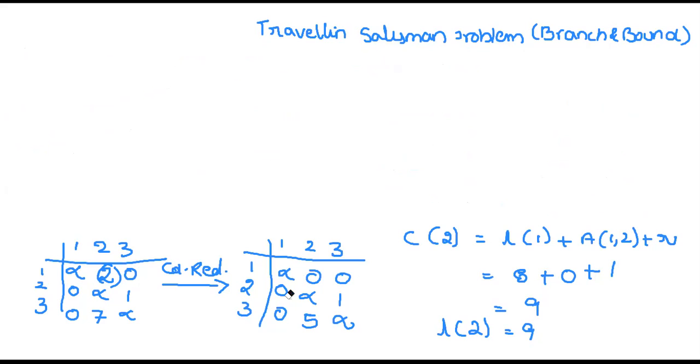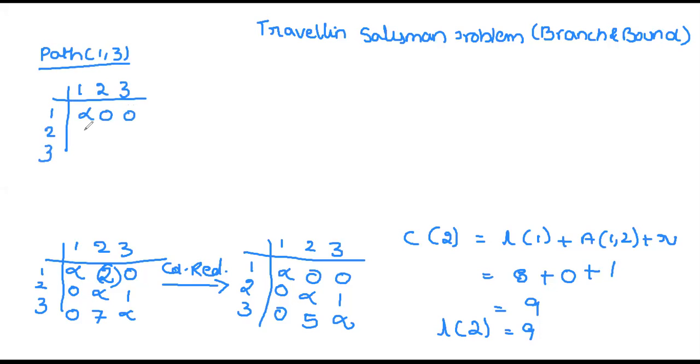For calculating path 1 comma 3, this is the basic matrix. We are going to calculate path 1 to 3. For this purpose, we will take the matrix from the previous lower bound of 1 matrix: infinity 0, 0, 0, infinity 1, 0, 5, 1, infinity.